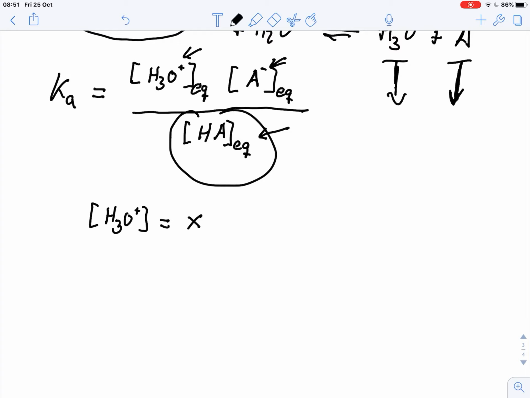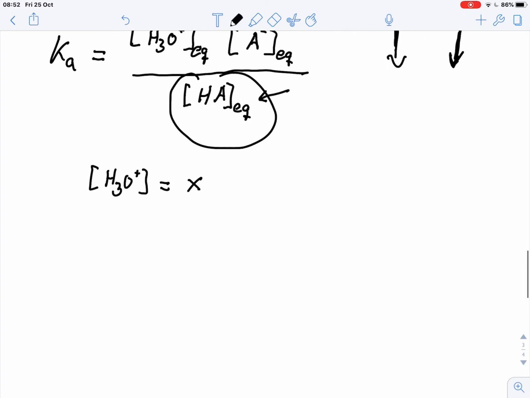So what we can write is, let's just simply say we set H3O+, we treat this as x, as an unknown, and we can write Ka equals x times, well, we know that the base concentration is exactly the same, so we can write x squared divided by, and we know that the HA equilibrium, the acid equilibrium concentration, is really HA, our start concentration that we had, minus x.